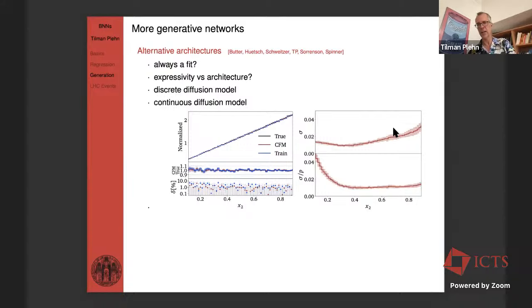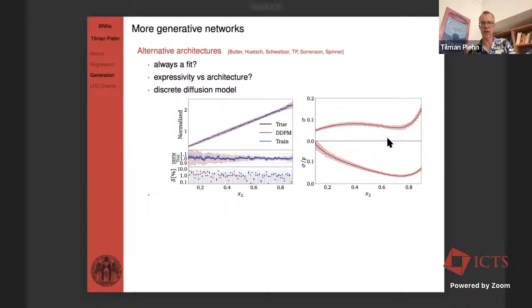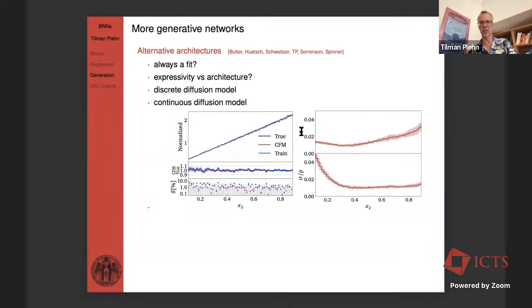A continuous diffusion model, that we also tried out, and this is conditional flow matching for those of you who know more about it, right? Again, we did the same thing, and you see now it becomes even less of a feature. Compared to the flow and DDPM, this is almost a constant here, right? It's almost just going up.